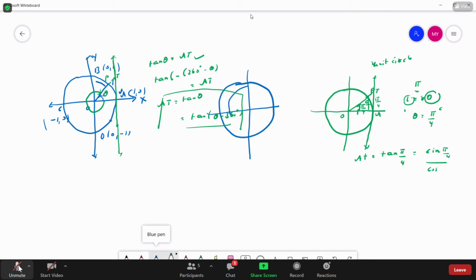So this is 1/2. We have discussed these derivations in the previous class, right? Tan 5/4 is this length, and this length is 1. This length we are calculating by the numerical equivalent of sin theta by cos theta, right?